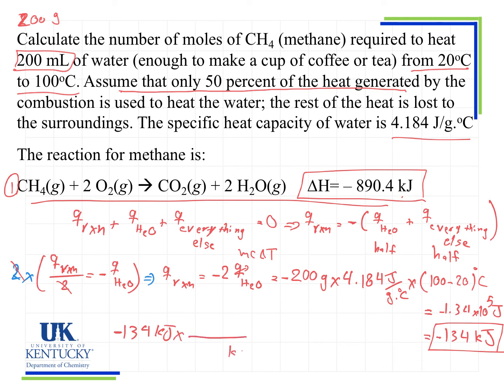I don't want the energy, I want the mole of methane, CH4. So for negative 890.4 kilojoule, 1 mole of methane is needed. I can cancel out the kilojoule with kilojoule, and I end up with a mole of methane, and that is 0.150 mole of methane.